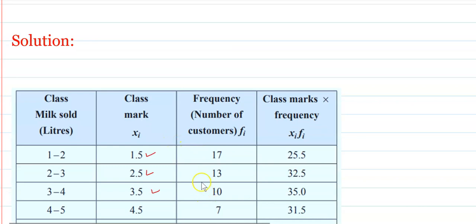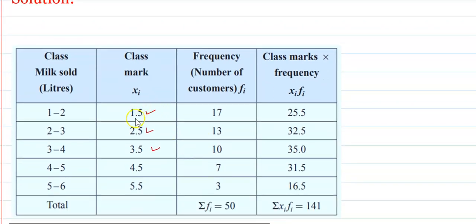Frequency as it is from the table. Write down here frequency, then the multiplication: 1.5 into 17 you will get 25.5, 2.5 into 13 is 32.5, 3.5 into 10 is 35, 4.5 into 7 is 31.5, 5.5 into 3 is 16.5. Next find their summation. याची total करणार.